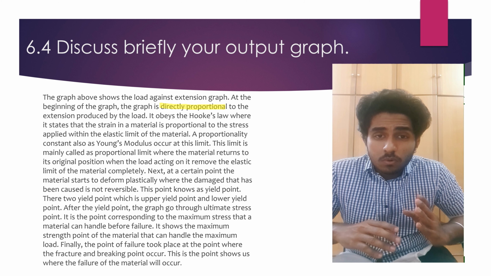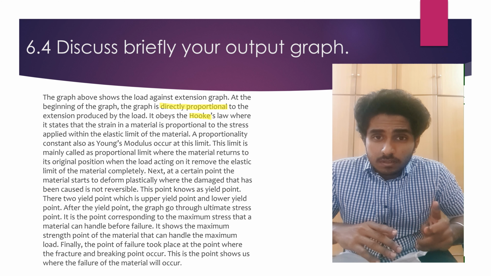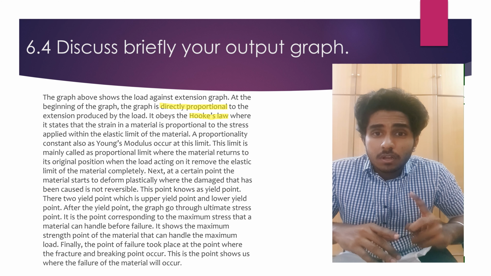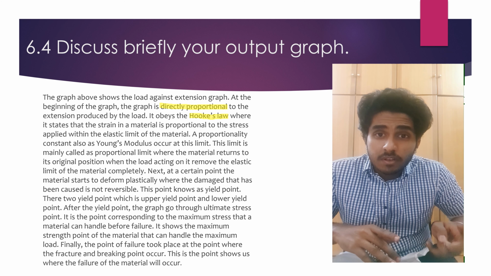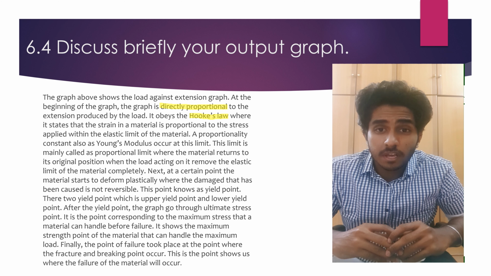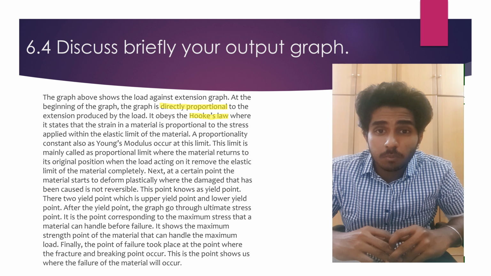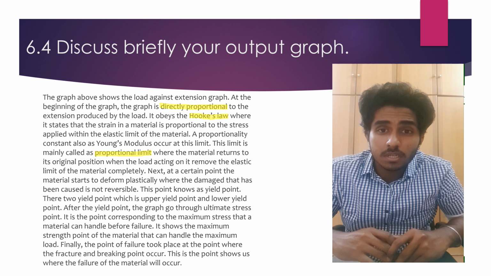It obeys the Hooke's law, where it states that the strain in a material is proportional to the stress applied within the elastic limit of the material. A proportional constant, also known as Young's modulus, occurs at this limit. This limit is mainly called the proportional limit, where the material returns to its original position when the load acting on it is removed, within the elastic limit of the material.